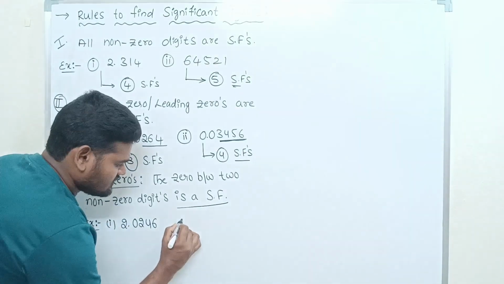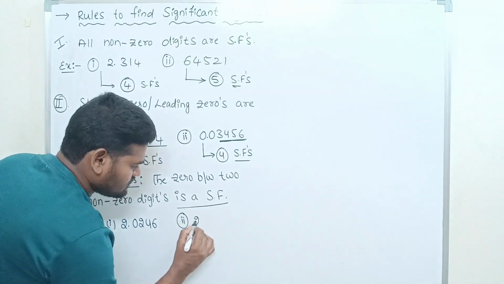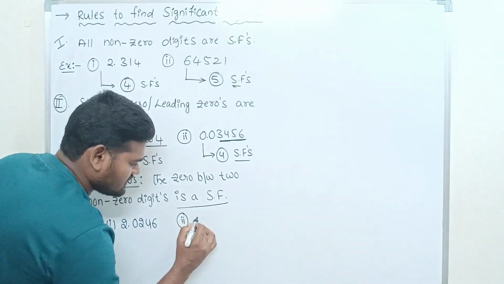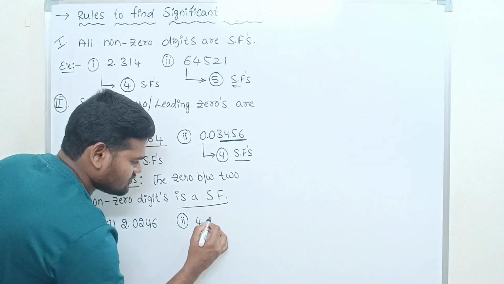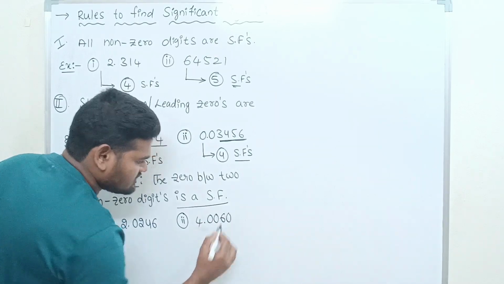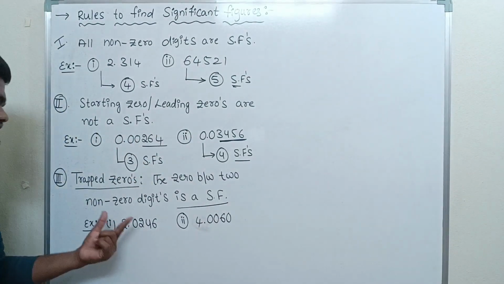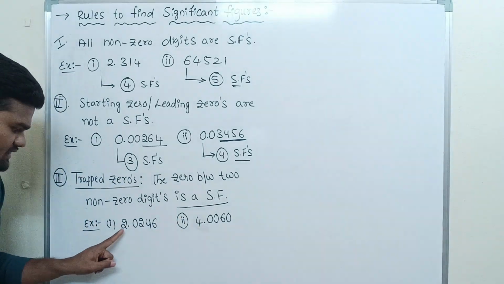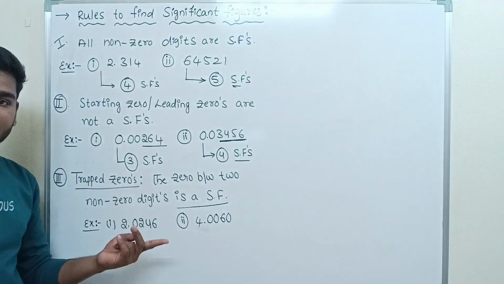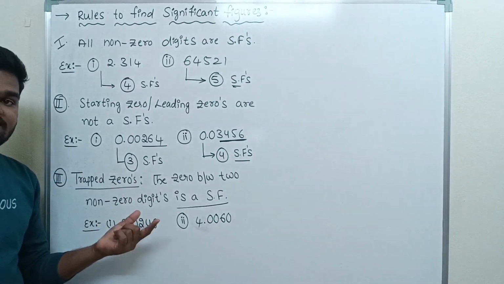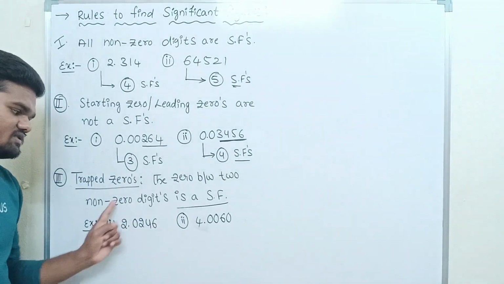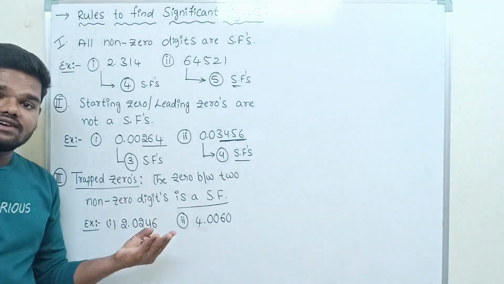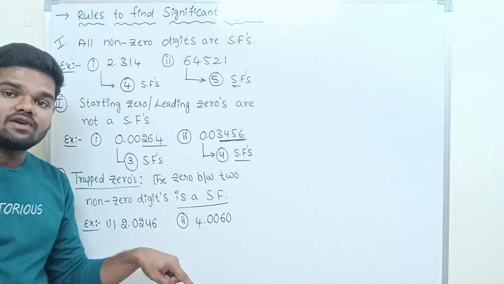2.0246, and the second one, let us take 4.006, whatever it is, just for an example. Okay, so the first rule is what? All non-zero digits are significant figures. This number has 1, 2, 3, 4 non-zero digits. Second rule, leading zeros or initial zeros: there are no initial zeros, and they are not significant figures. Third rule, trapped zero, the zero between two non-zero digits.